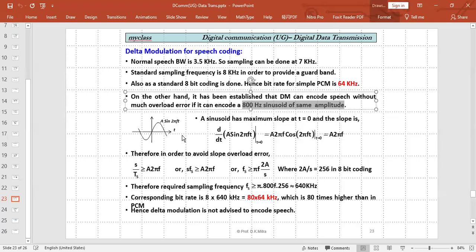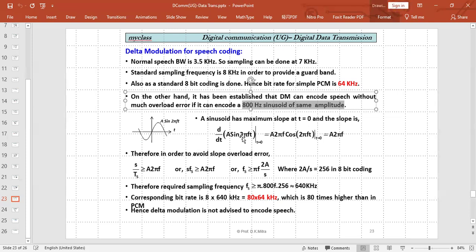Now, what is the maximum slope of an 800 hertz signal? A sinusoid, its maximum slope is when it is at 0, right? So, this sinusoid is signified by A, capital A is the amplitude, A sin 2 pi ft. So, we differentiate with respect to time and we find out its value at t equal to 0.